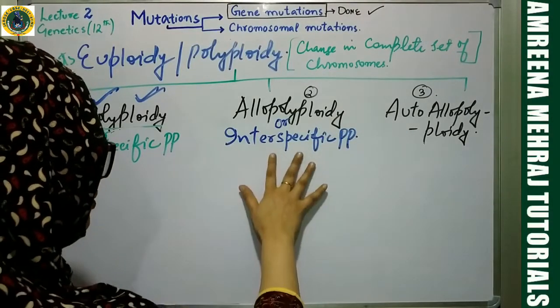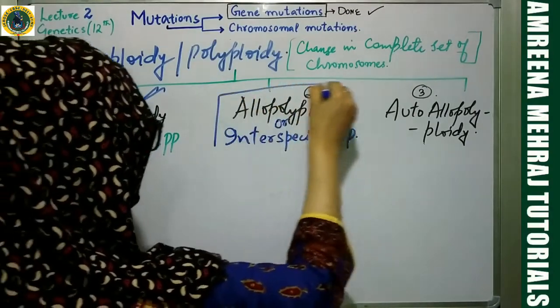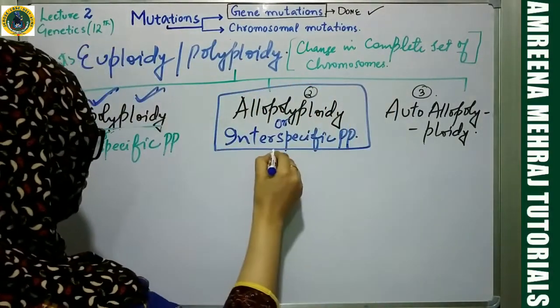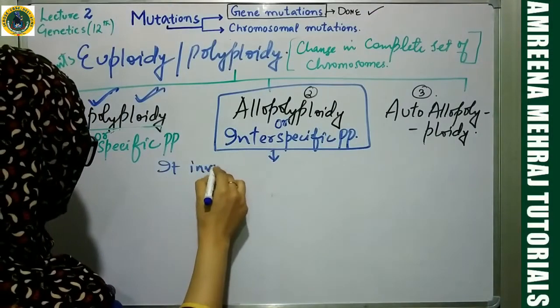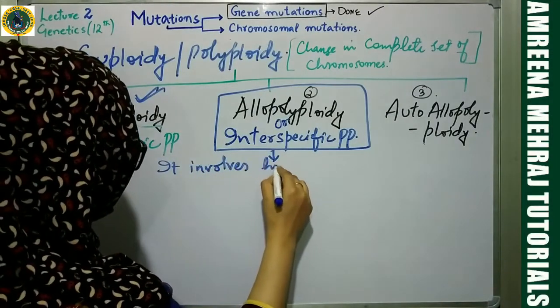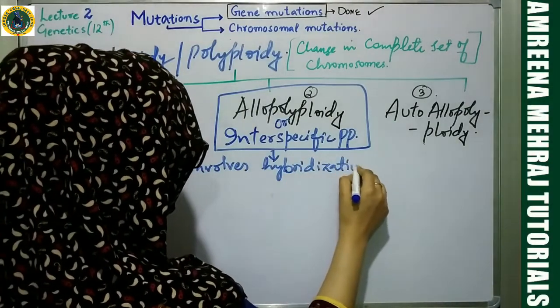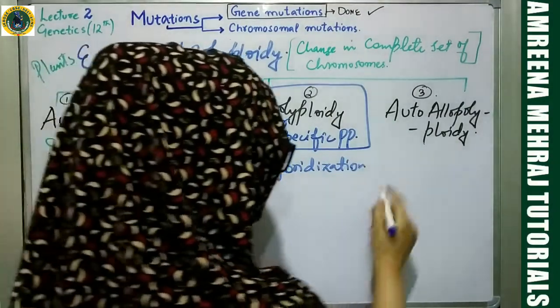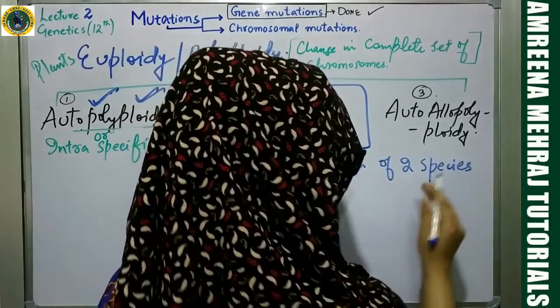So it's not going to remain confined to one species. It's going to be dependent on how many species? Two. So in this case it involves hybridization of two species. That's the logic. It's same.